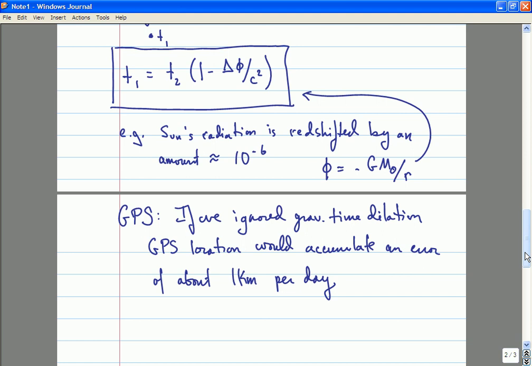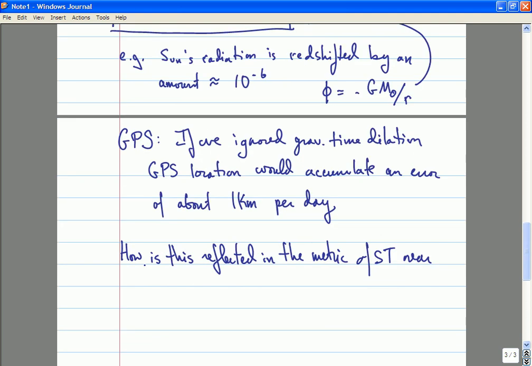So the question is, how is this reflected in the metric of space-time near some object? Let's say we have an object of mass m, say the sun. Then we've learned that the rate at which a clock ticks will change depending on how far you are from the sun. So how do we incorporate that into our notion of special relativity?